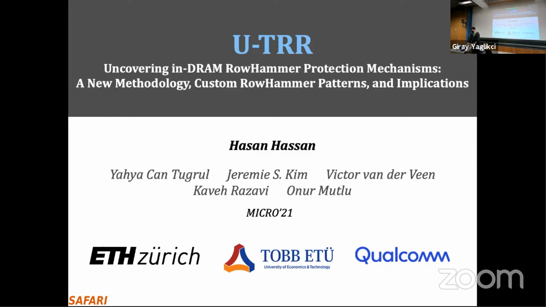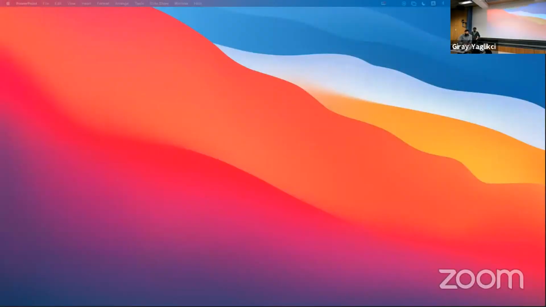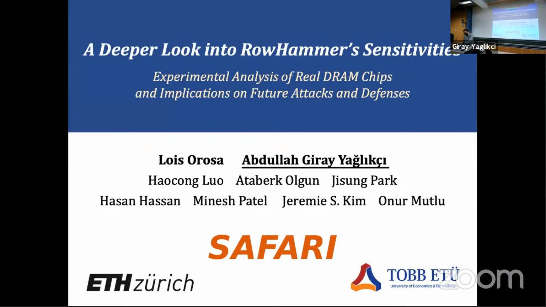I think we're context switching to another related talk on RowHammer, and Giray will present a concurrent work that appeared at MICRO on building a deeper understanding of RowHammer, which analyzes the vulnerability of RowHammer bit flips to temperature, to aggressor row activation time, as well as to spatial variation in devices, basically the victim cell's location in different devices.